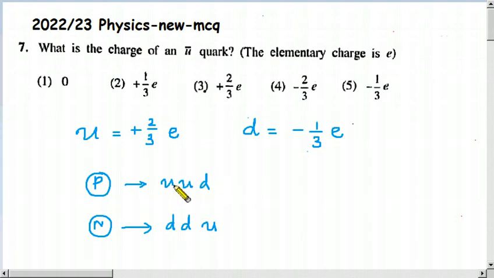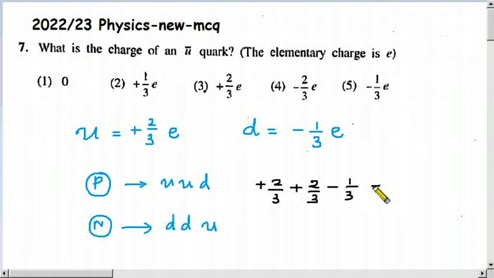So we know how to calculate the charge of a proton. How? Up quark means positive 2/3, plus again positive 2/3, then the down quark is negative 1/3.